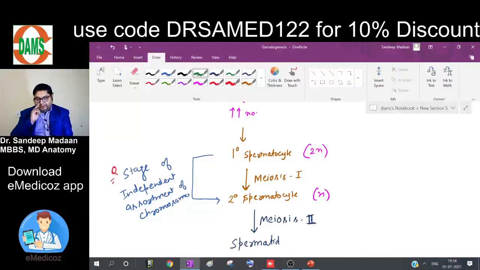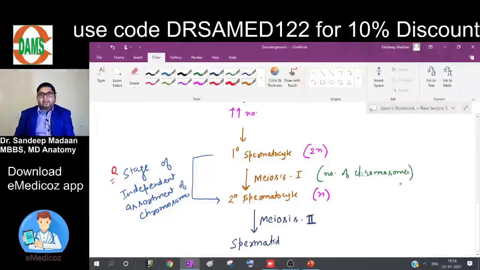Remember, meiosis 1 always takes care of the number of chromosomes, whereas meiosis 2 deals with the amount of DNA.